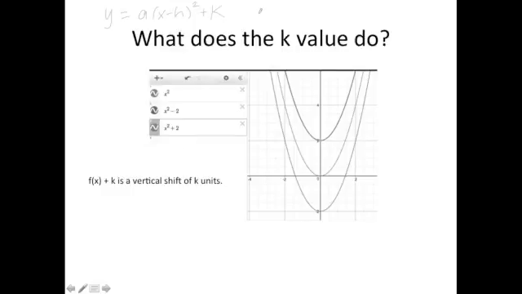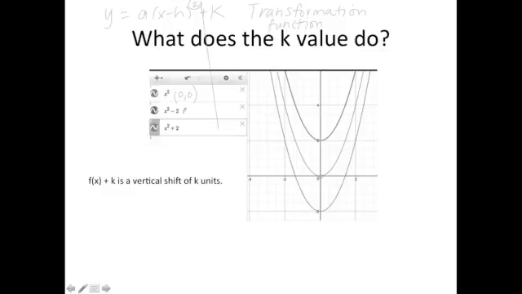This is our transformation function. All parts of this transformation function can be changed, including this highest degree, which we will get to shortly. Okay, so here's my parent function with my vertex of (0, 0).